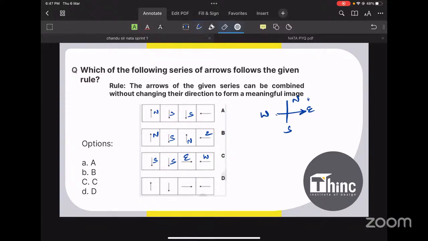So this is obviously west. Anyway, east or west, it's not a matter. North, south, east, west. This is the only option which is resembling this figure. So over here, we can go for option D.